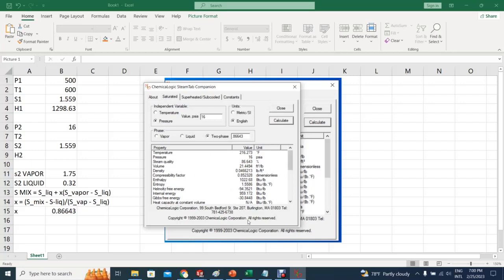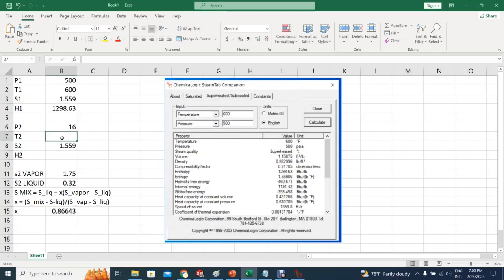Now that we got that straight, we can calculate everything else, because basically for condition 2, getting the temperature will be just as reading from here. So 216.27. That's the saturation temperature.